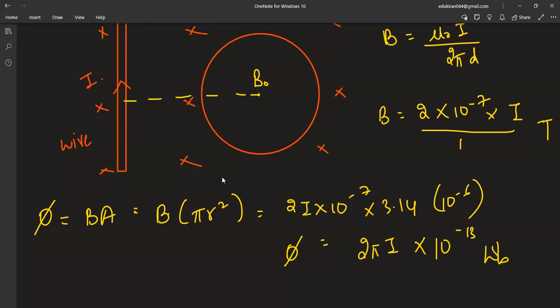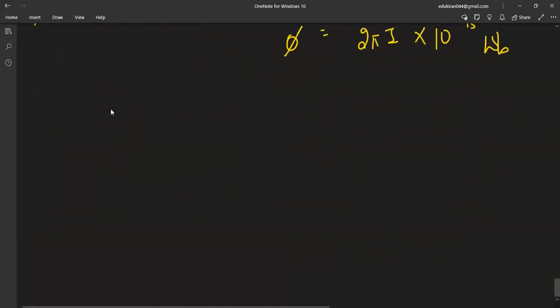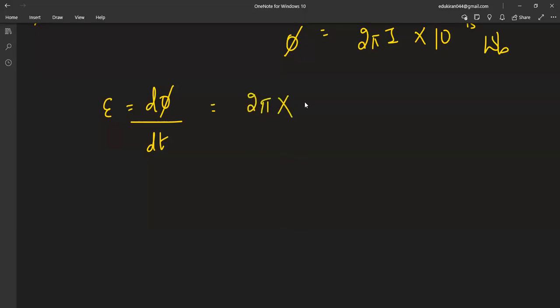Now coming to current. Firstly, induced current is actually what? The formula that we have studied, induced EMF is d phi over dt. Right? This is what is meant by it. And what we have obtained is 2 pi into 10 to the power minus 13, all these are constant. So what is left is dI over dt.